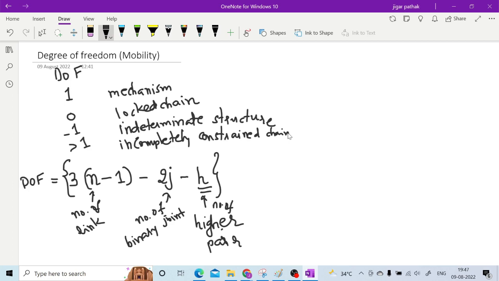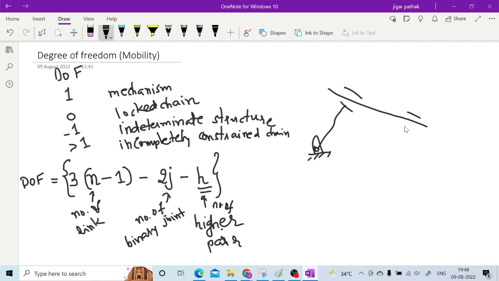Now one more important thing I was about to tell about degree of freedom is you can calculate it with this, but sometimes in some very particular cases, you are having this kind of mechanism, where these are sliding pairs, which are also binary joints. So here you are having a sliding pair.